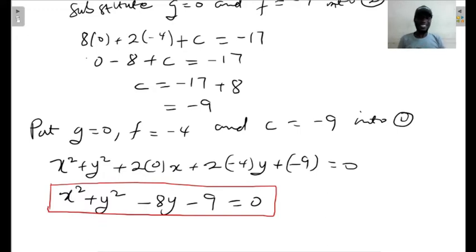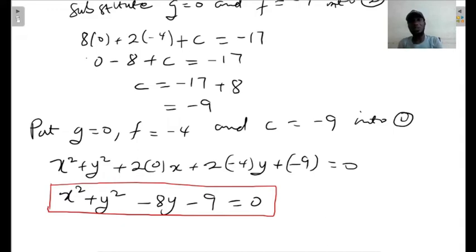Wow, that is a very long one, requires a lot of attention. In practice, it is very long, but the most important thing is that you know what you are doing, and that is to substitute each of the 3 points into the general equation of a circle. Then when you finish, you solve the 3 equations simultaneously to get the values for G, F, and C. Then you go and substitute that into the general equation of a circle.